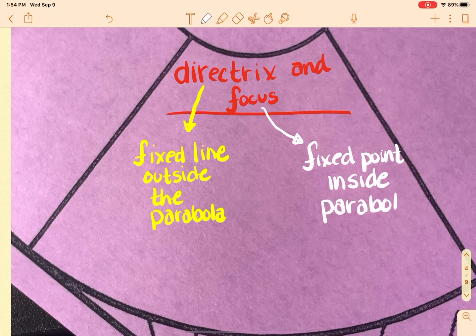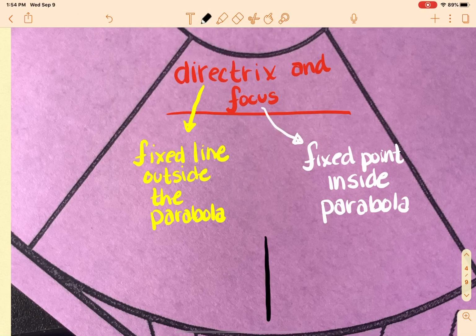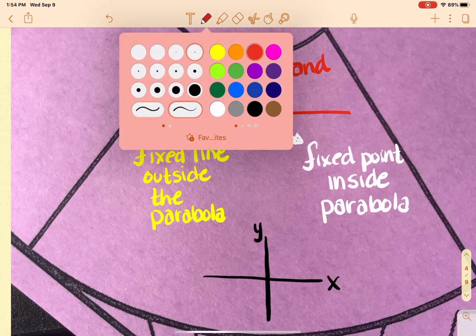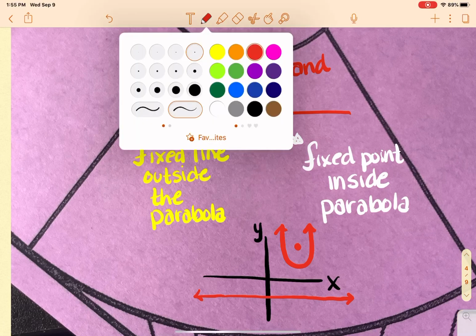So I'm going to do a little bit of a sketch here, and then we're going to go through and actually label it. So let's say that I have x and y here. That's just my graph. And let's say that I have some quadratic that looks like that. I'll put a point here, and I'm going to put the directrix here.